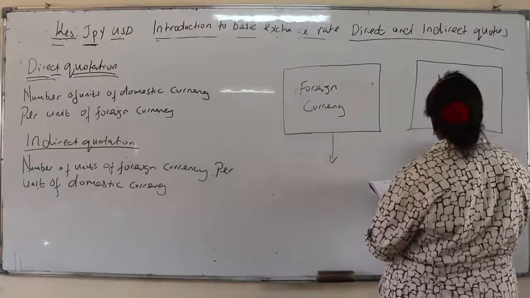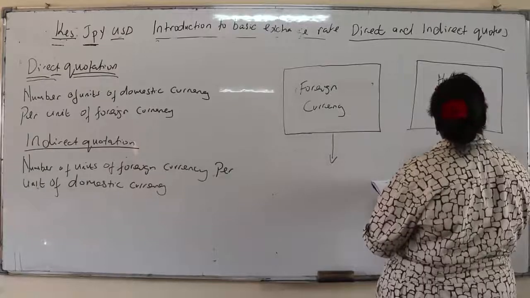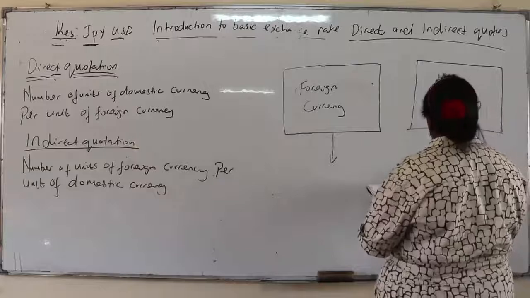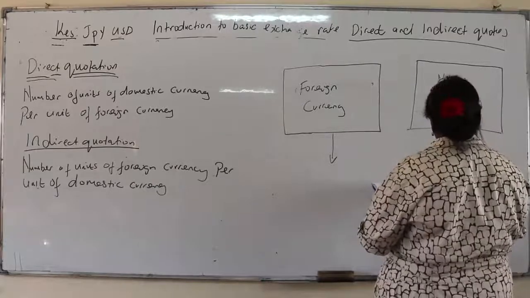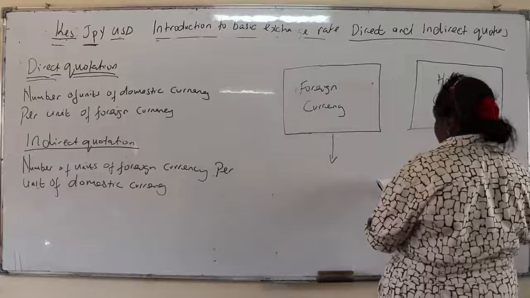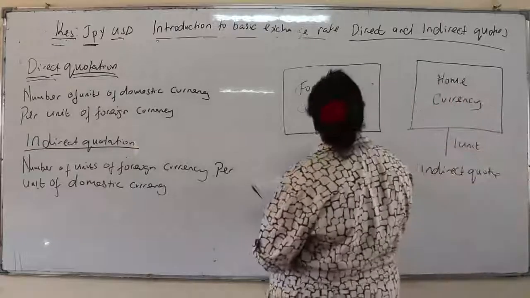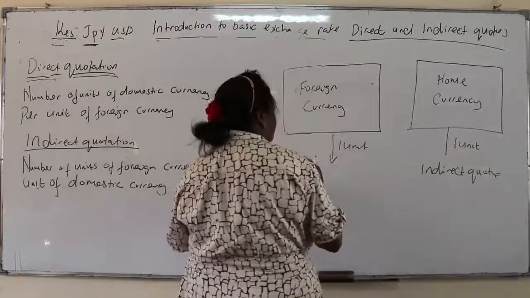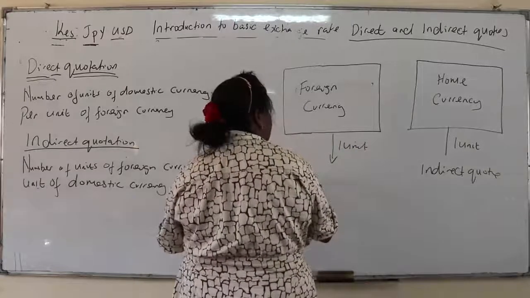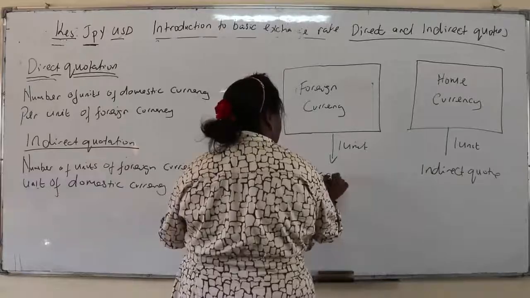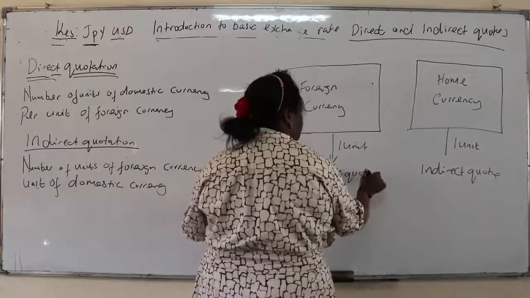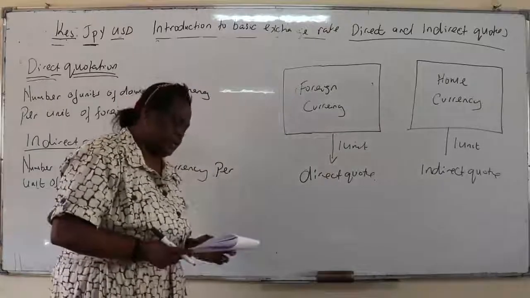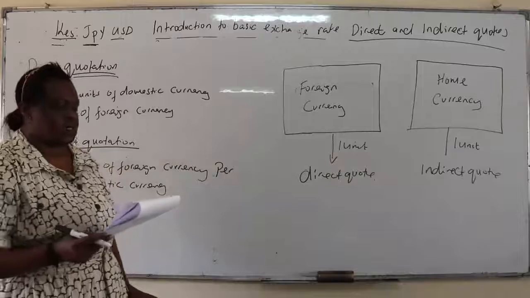So 1 unit of home currency is the indirect quote. And this 1 unit of foreign currency in our home currency is what we call the direct quote. So whenever we express the foreign currency in 1 unit, it's called the direct quote.